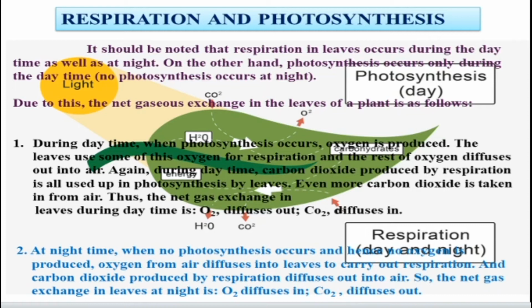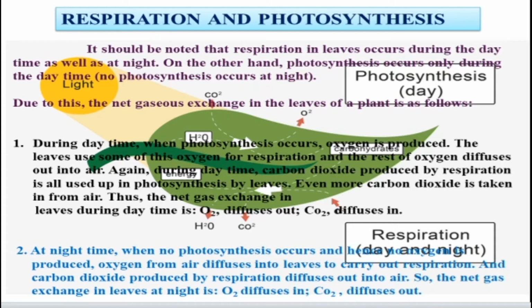Due to this, the net gas exchange in the leaves of a plant is as follows. The first one, during daytime when photosynthesis occurs, oxygen is produced. The leaves use some of this oxygen for respiration and the rest of the oxygen diffuses out into the air. In the presence of sunlight during the daytime, oxygen is produced by photosynthesis.